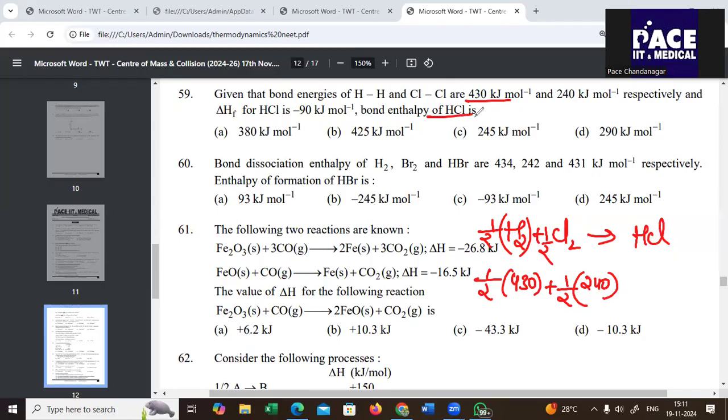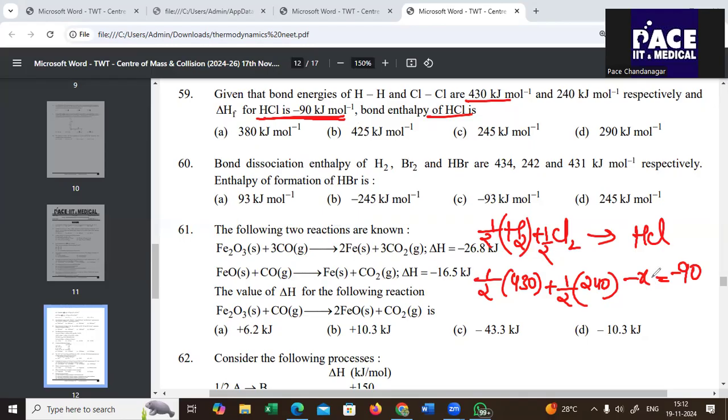The enthalpy of formation of HCl is minus 90, they said. We don't know the bond enthalpy of HCl, so let that be some X. And formation of HCl is minus 90. So minus X is equal to minus 90. This is what we can write.